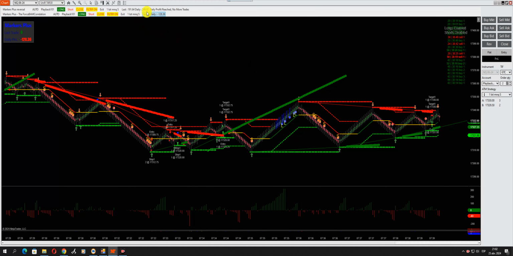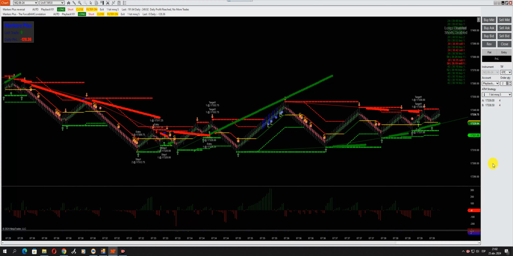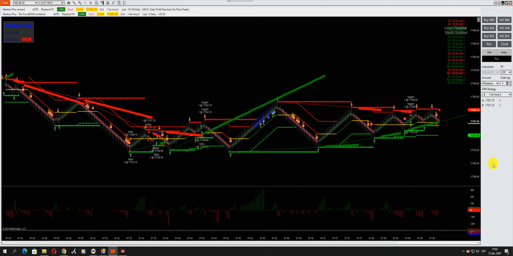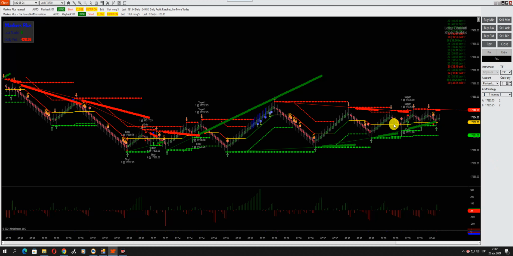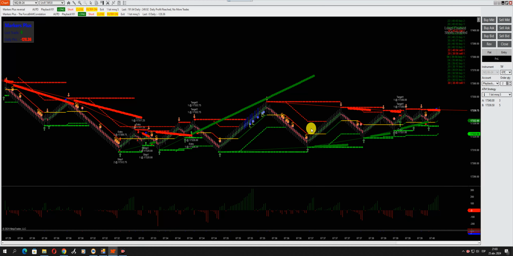Okay, profit reach 249 for the reversal. We'll wait for the momentum. And the step MA is yellow, it will not trade. It needs to have either a green or red step MA.